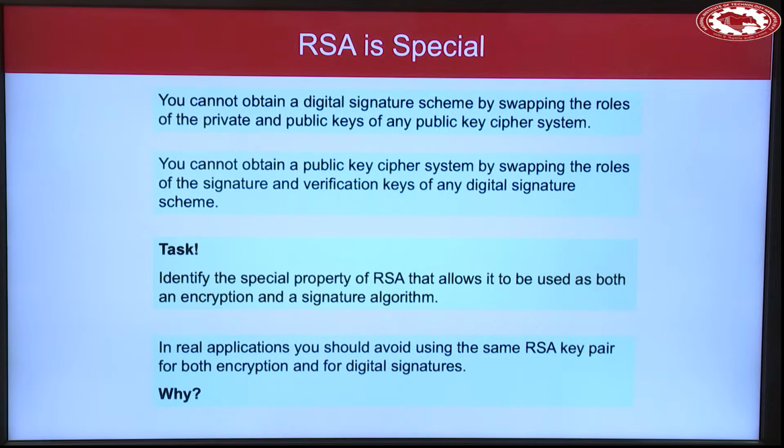You cannot obtain a digital signature scheme by swapping the roles of private and public keys of any public key cipher system. Likewise, you cannot obtain a public key cipher system by swapping the roles of signature and verification keys of a digital signature scheme.